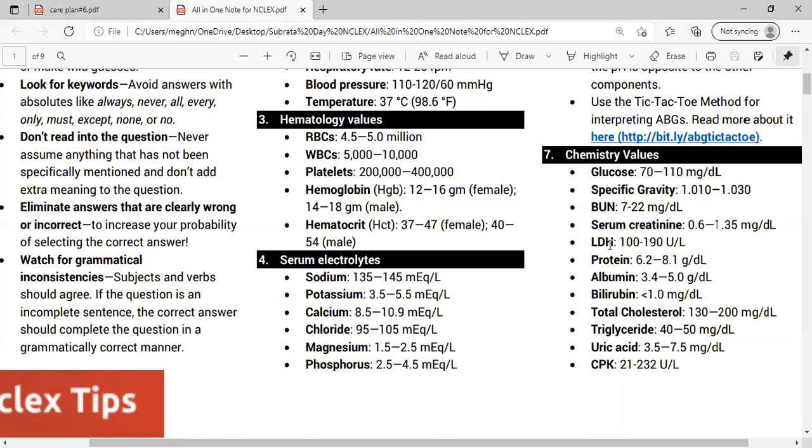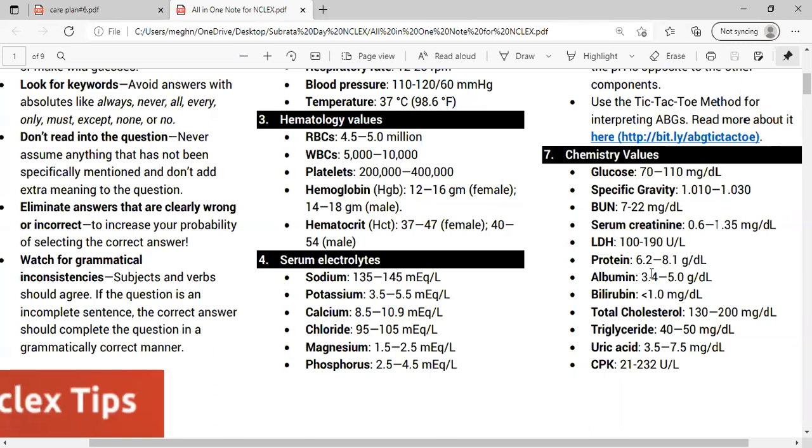LDH, lactate dehydrogenase, is an enzyme marker that indicates a heart problem. Normally it is 100 to 190 units per liter. Protein is 6.2 to 8.1 grams per dl.